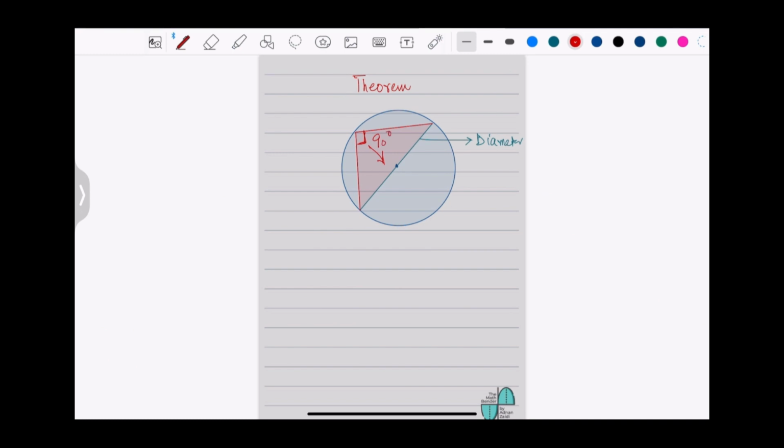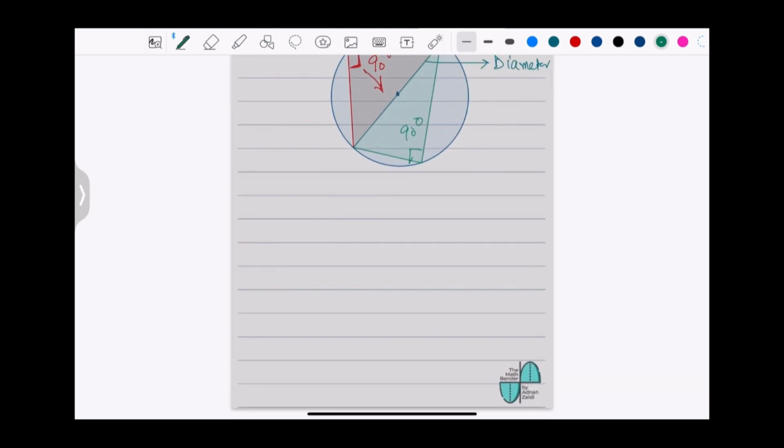You can make multiple angles like this anywhere using the diameter. So this is also 90 degrees. Now this is theorem number 1, and we can say that the angle facing the diameter at the circumference is 90 degrees.